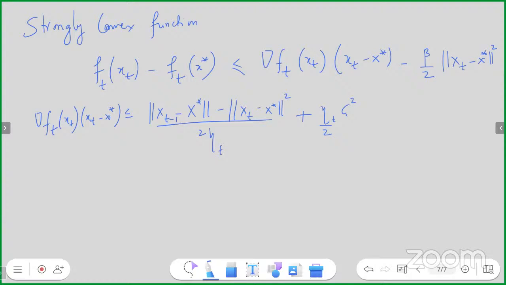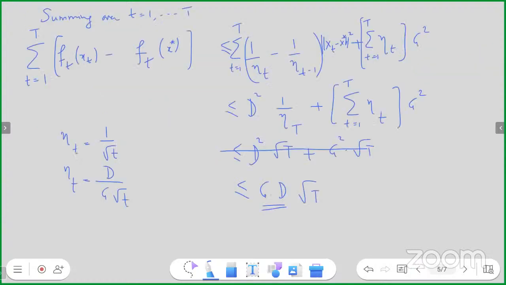But just go back to how we got to square root t. What did we end up getting? D square times 1 by eta capital T and this summation of eta t's. So suppose I chose eta t equal to 1 by t itself, not 1 by square root t.